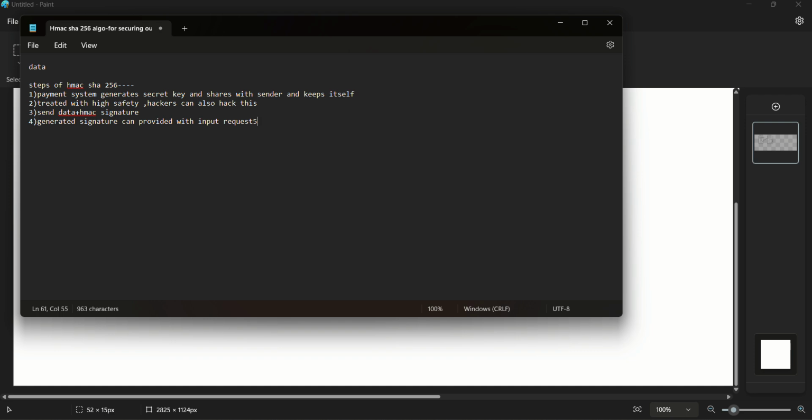Fifth step is when the validation service receives the request, we use this incoming request structure and the secret key and try to regenerate the HMAC signature using the HMAC SHA algorithm.